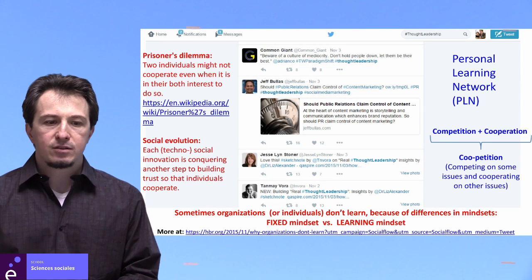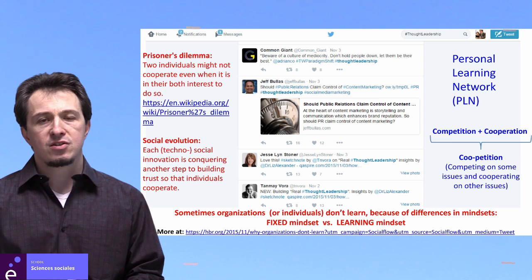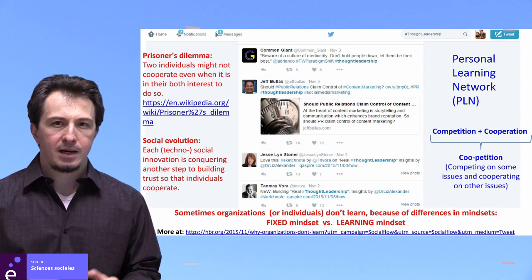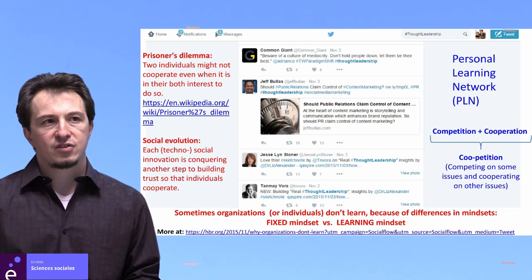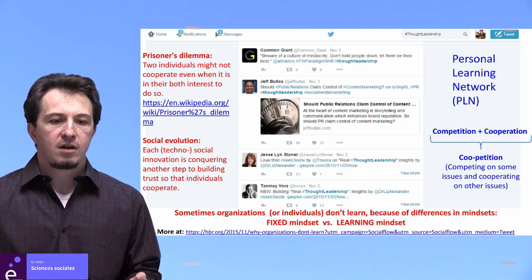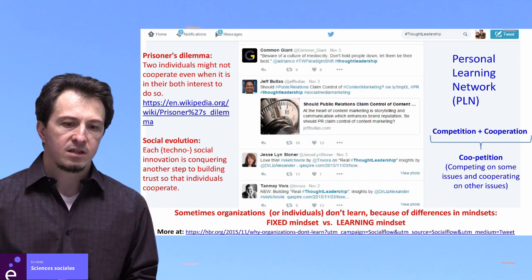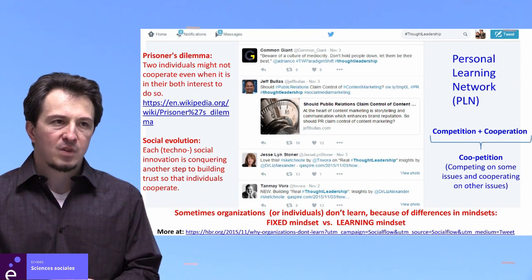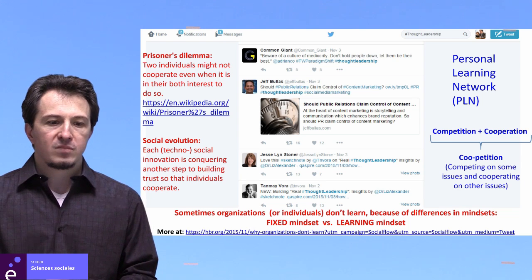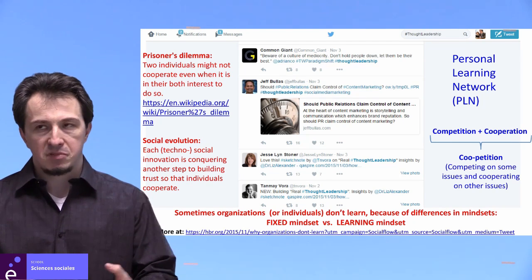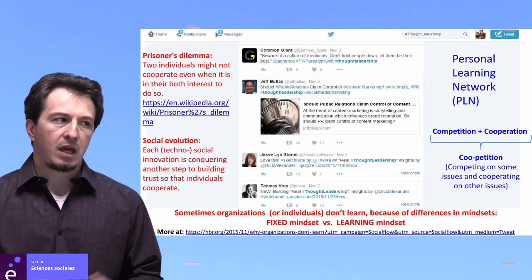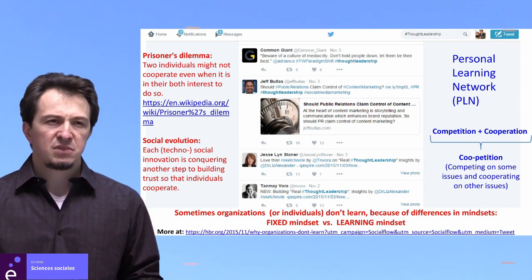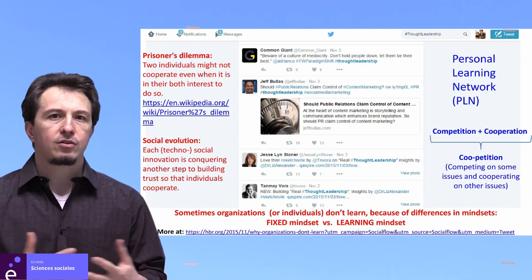A last point that I'd like to make is that sometimes organizations and individuals don't learn because of differences in their mindsets. And studies have shown that there are two major mindsets. One is fixed and one is learning. So fixed mindset and learning mindset. What this means is that in some cultures or in some individuals believe that, okay, my intelligence and my capacity in general are given. Genetic, or it's just given, I cannot change it.